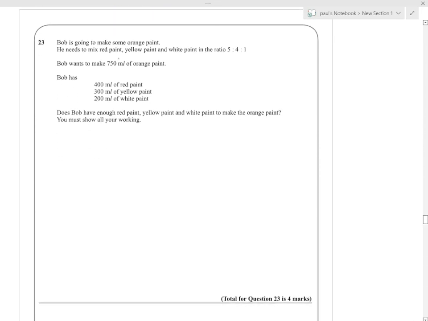Right, Bob is going to make some orange paint. He needs to mix red, yellow and white in the ratio of 5:4:1. He wants to make 750 mils of orange paint. Right, so what we're going to do is add all the ratios.